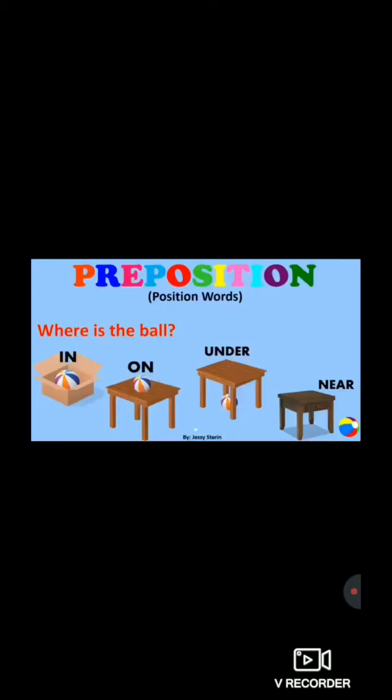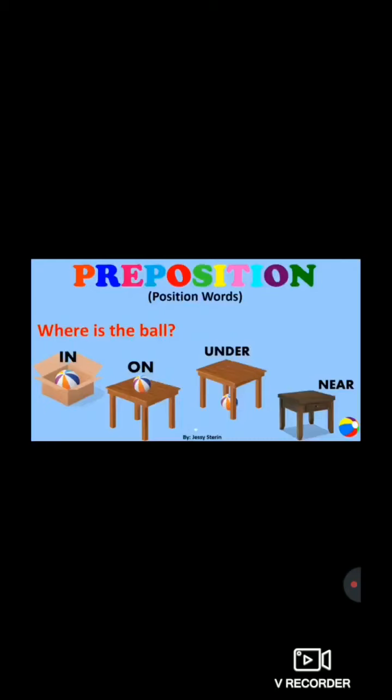So it is on. Now, in the third pic, if you observe, the ball is under the table. So word under, right? And in the last pic, the ball is near the table. Right, students? So this all is the position words. Means where the ball is, that is the position we are giving, a particular position.